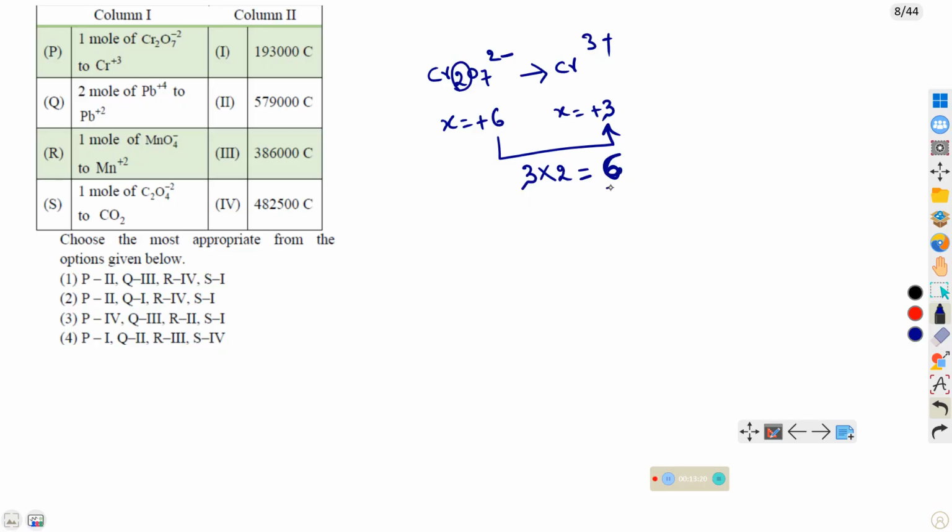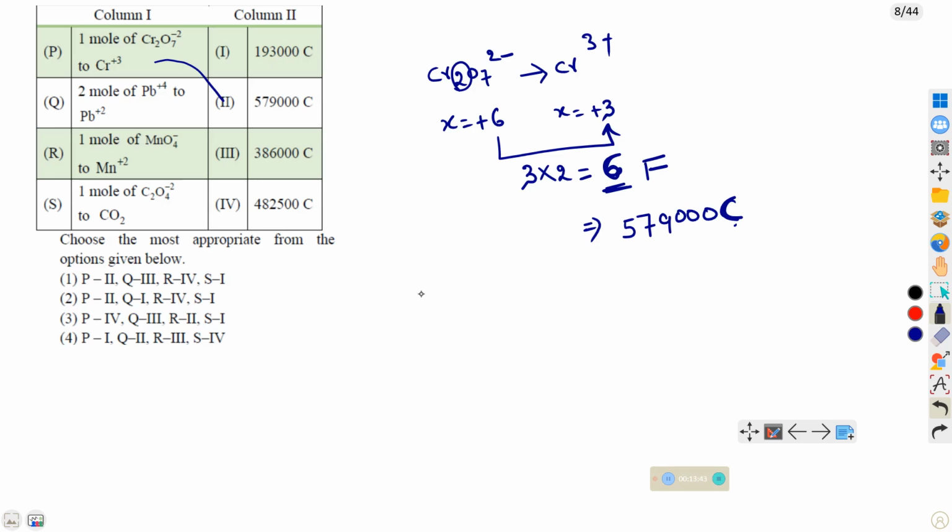N factor value is equals to 6. It requires 6 Faradays of current. 6 into 96500 is 579,000 coulombs. P2.